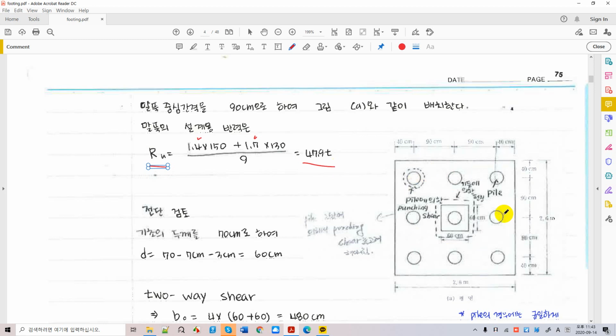So with 9 piles, each 47.9 ton is going to push up and try to break the foundation. Here it is, the foundation called a pile cap. Okay, it is a pile cap. And so the pile cap has to be designed well to resist these 47.9 tons provided by each pile.